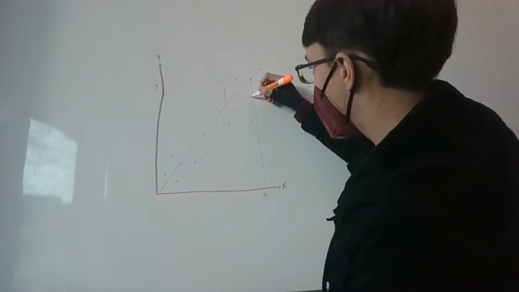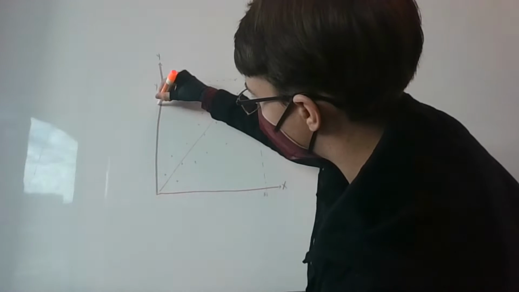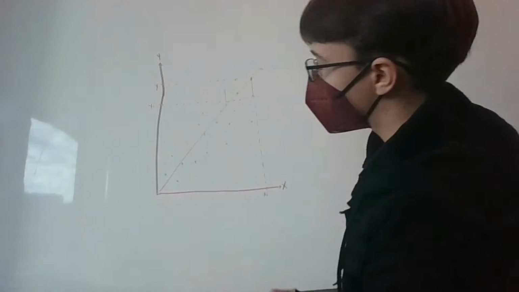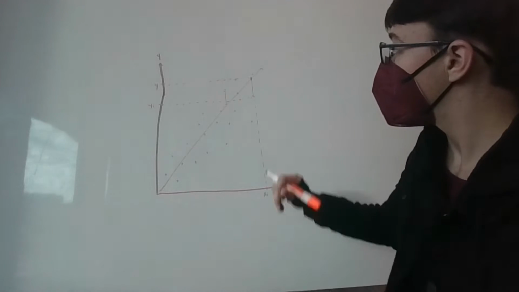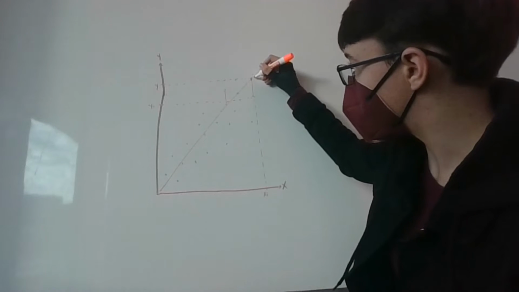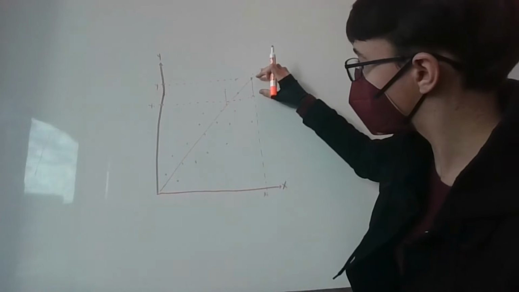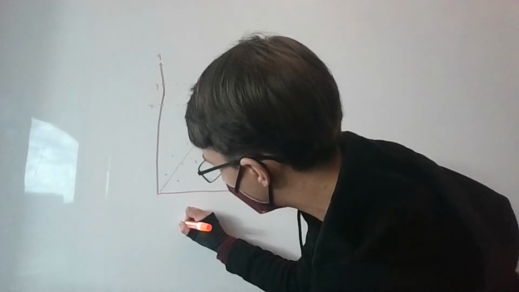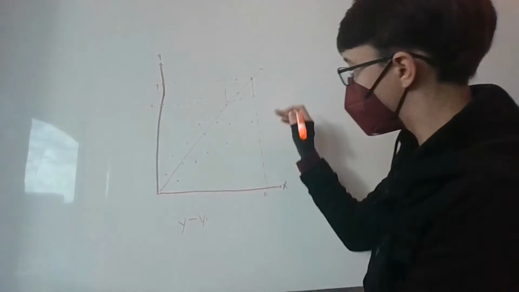And this one is our data point, and it's going to have a y value right about there, so we're going to call that y sub i. So the error between these two is going to be y minus yi, because that will be that length right there. So that's the error for that one point.